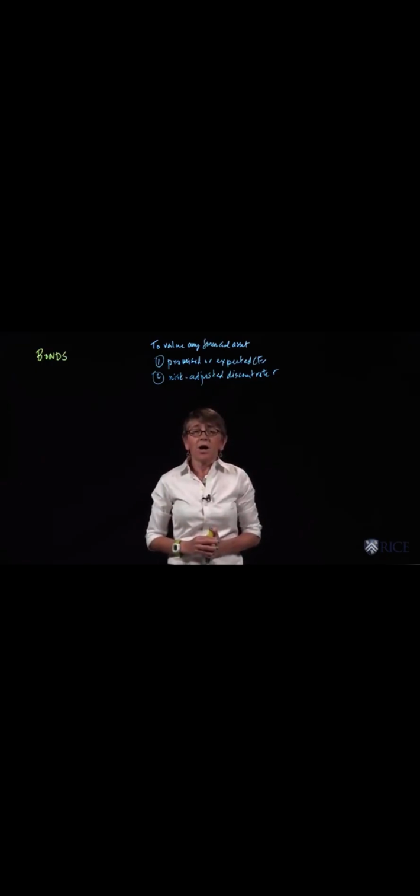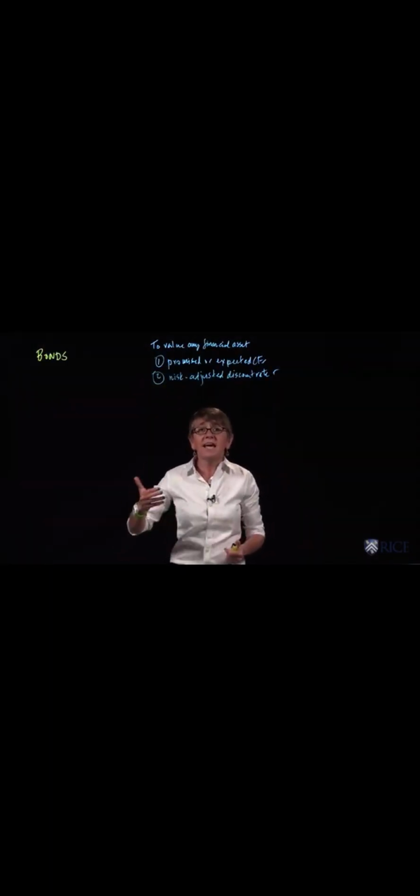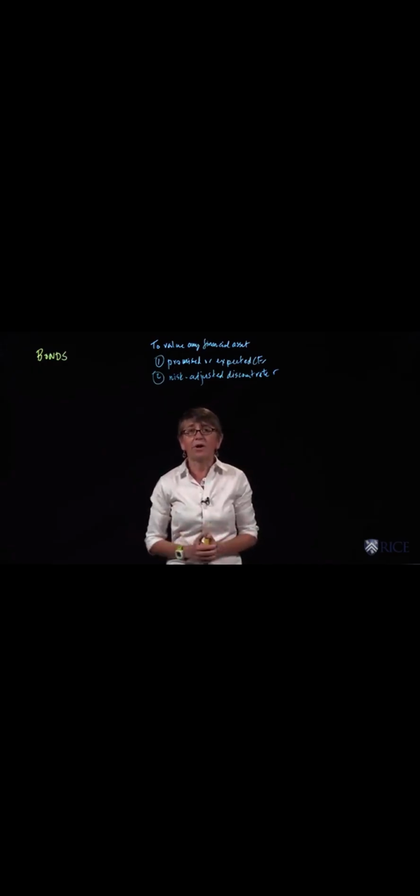Okay? All right, so what is a bond? Well, a bond is a fixed income instrument. Basically, it's an IOU, a note that promises to make specified future cash flows. Right? So putting default aside for a moment, in this case, the promise and the expected cash flows are the same. Right? So governments, the US Treasury, corporations issue bonds to borrow from investors.